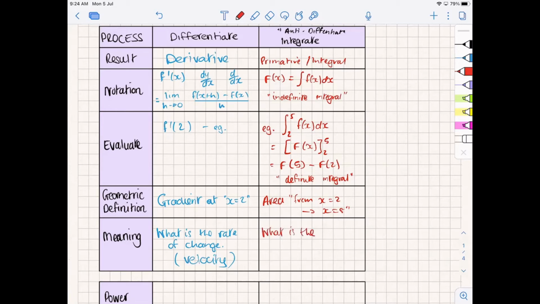The easiest way to say this is: what is the net amount of change? Not the rate at which we're changing, but the net amount of change. If I want to know how much I've changed from 2 to 5, the integral will give me that. As Dominic has correctly said, we can think of this as distance, or more correctly, displacement.